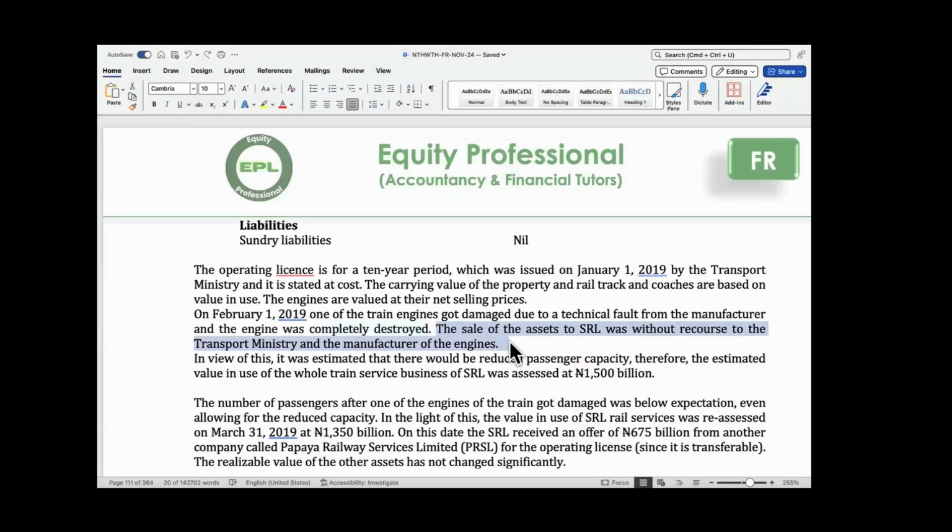So they are quickly telling us that you cannot go and meet the ministry that sold you the train and say that one of the engines has been damaged, can you return my money? You cannot do that. It is without recourse. So it's without recourse to the Transport Ministry and the manufacturer of the engine.